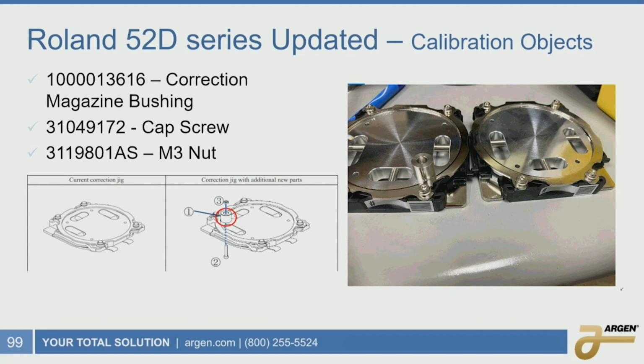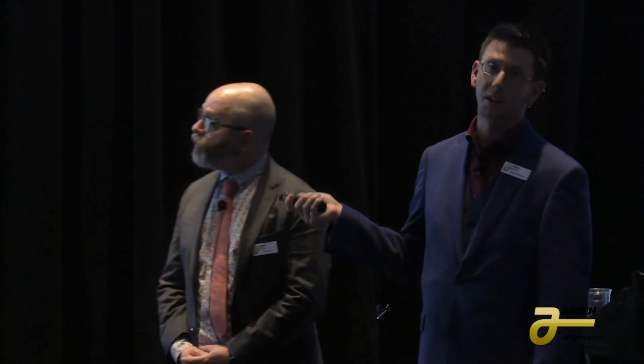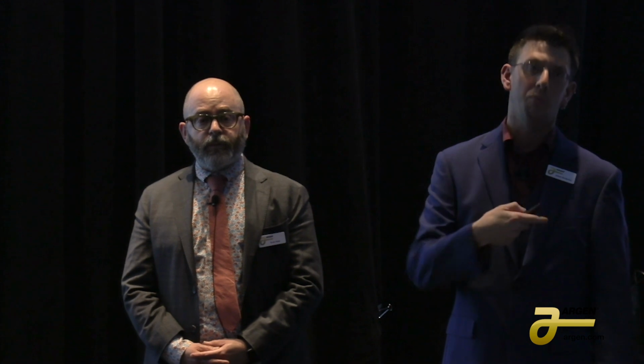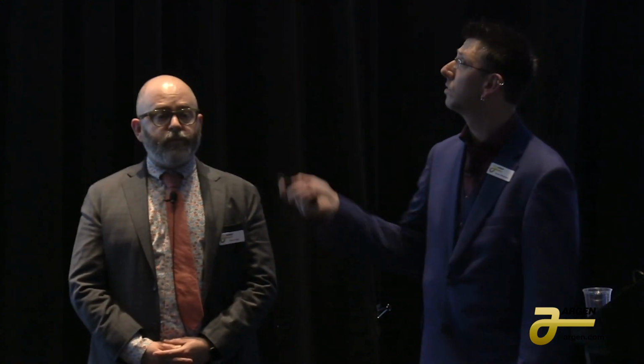You put it in, you run your normal calibration, and during the process, it will look for this cylinder if you're on the 3.4 vPanel. If it doesn't find it, it goes through the normal calibration process. If it does touch it and find it, it goes through and it refines the X and Y movements more. So if you don't already have this part, reach out to your resellers and get it. It should help a lot of you with any parting line questions that you have on those machines.